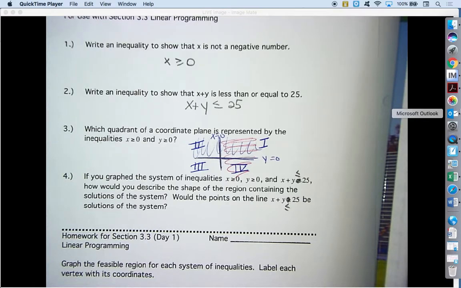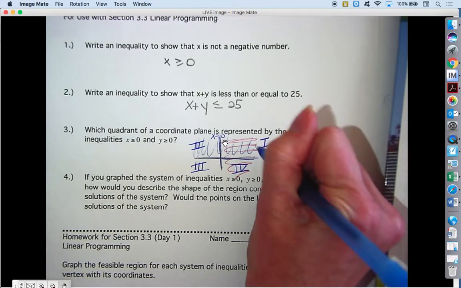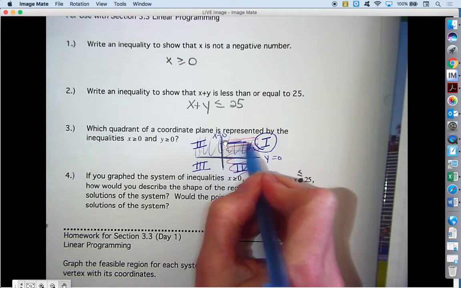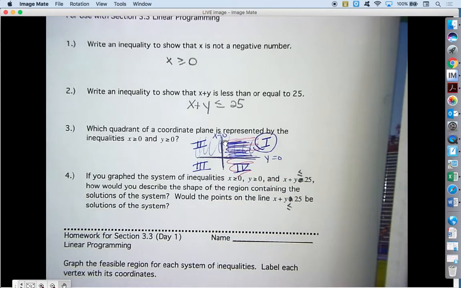But the first quadrant is this positive quadrant, and that should be the quadrant where your graph would exist if x was greater than or equal to 0 and y is greater than or equal to 0. So essentially that's saying that you can't have negatives in the graph. There are no x values that are negative, no y values that are negative.